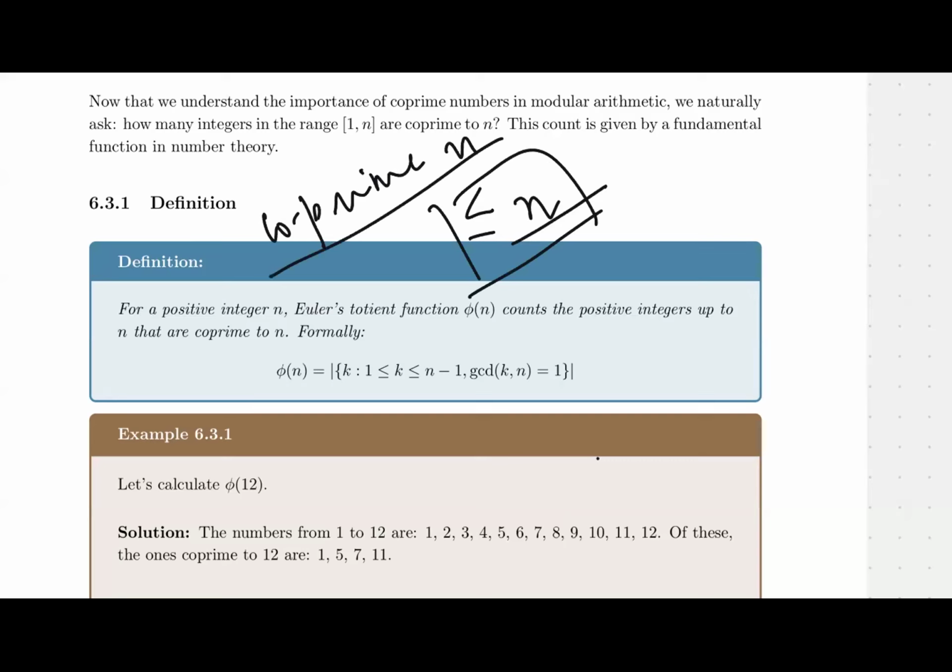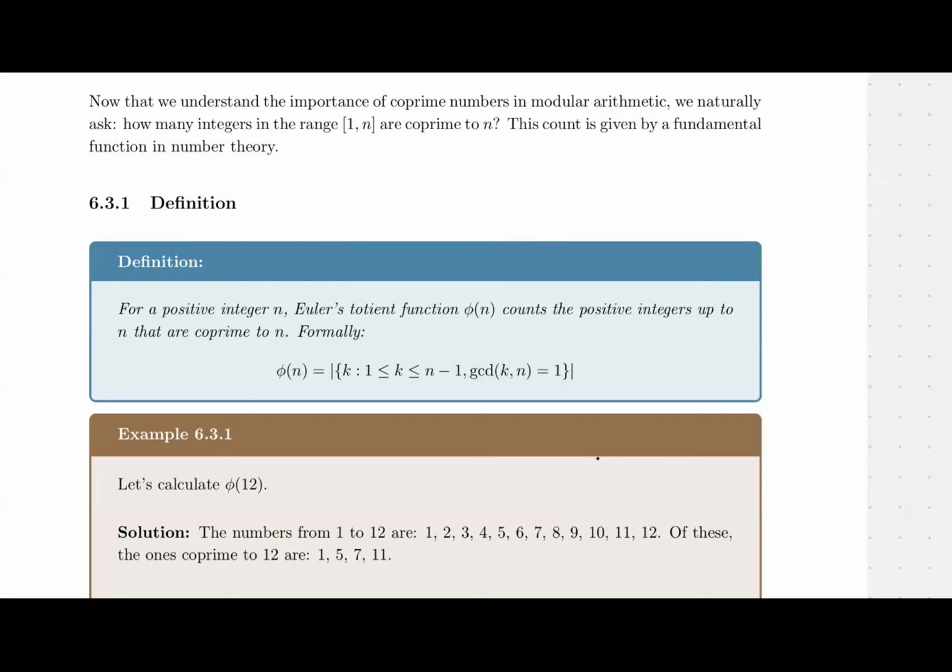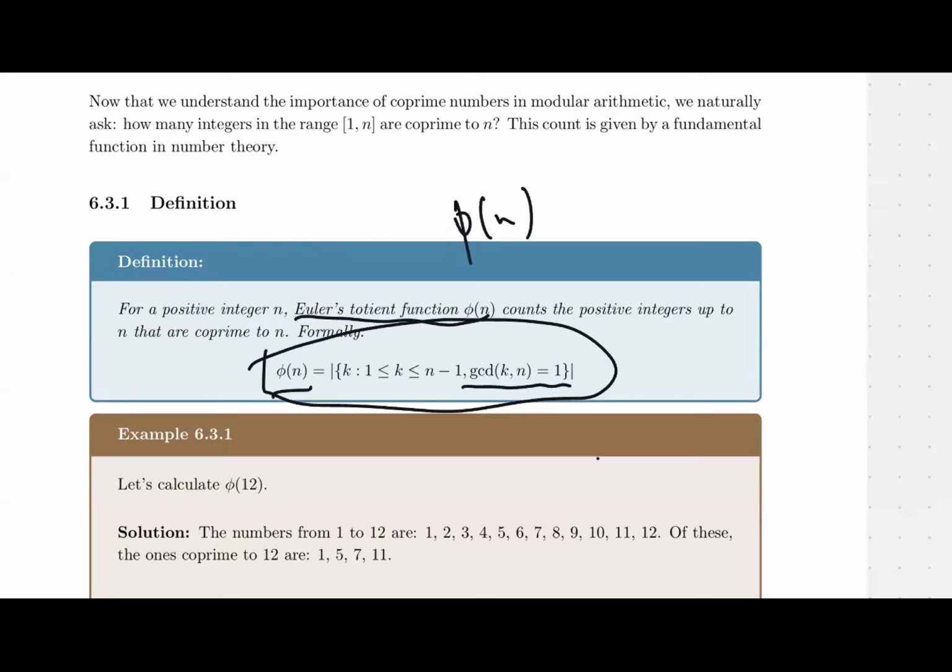So Euler's totient function says this: phi of n is the number of integers k, less than or equal to n, such that the GCD of k and n is 1. Is something not clear?